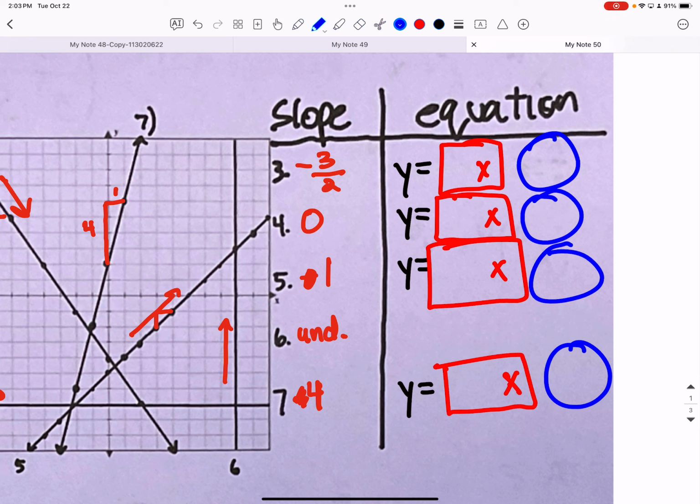My laundry is extra large. It gets the x. If you know the slope, that's what goes in here. So -3/2. So in the equation, the x is by the -3/2. But it's not actually part of the slope. It's just where you find it. 0, we don't write 1s, and 4. And if you have 0 of something, you don't mention it at all. If you have 1 of something, you just assume that there's a 1 there. You don't have to write it.